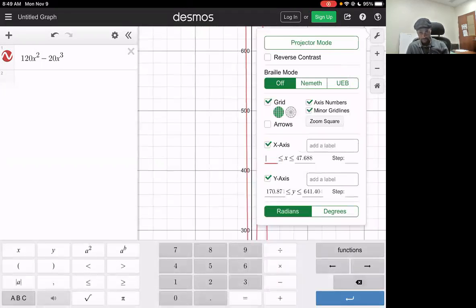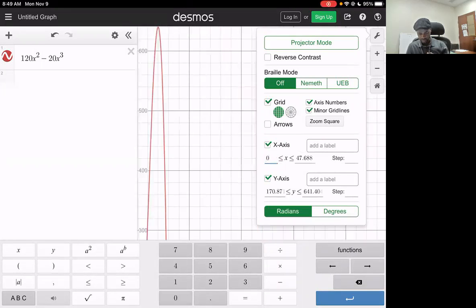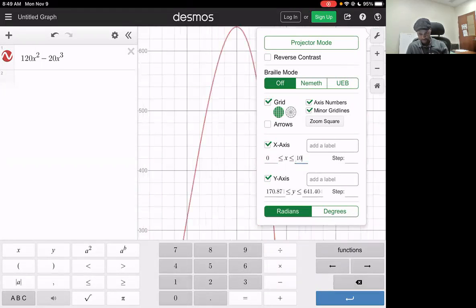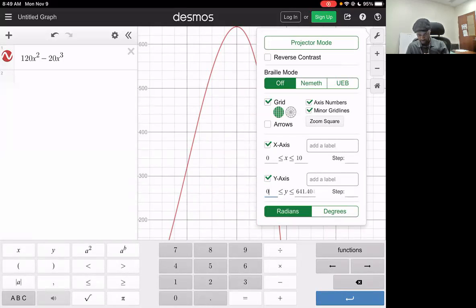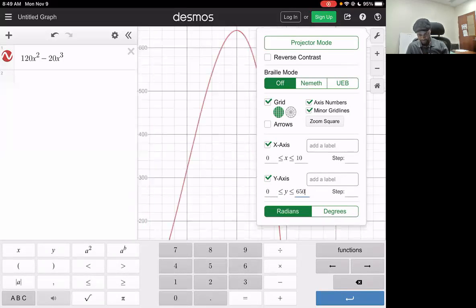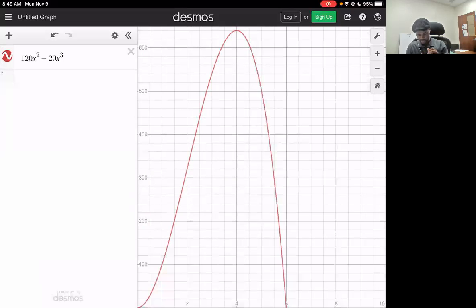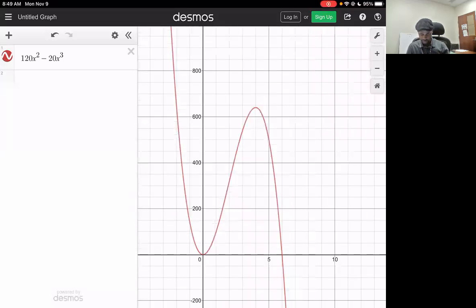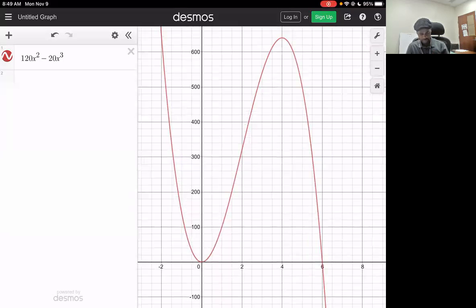For x, let's go 0 out to maybe 10. That's better. And then let's drop the y to 0 and go to 650. I think that's pretty good. That's it right there. Now, we've got 2 turning points.